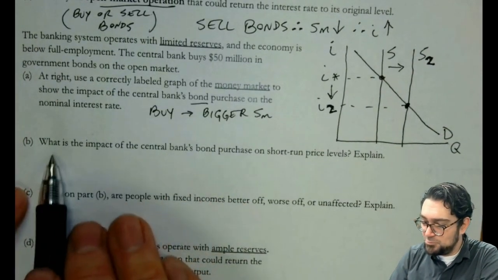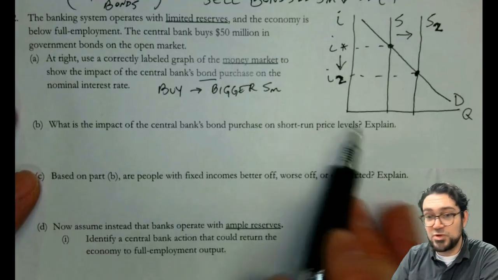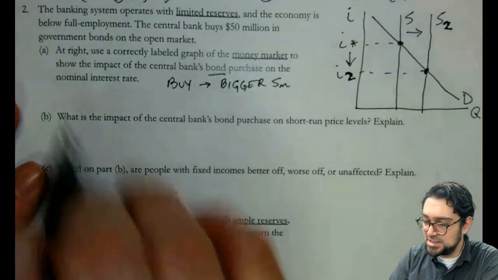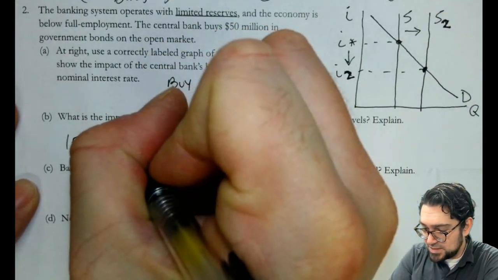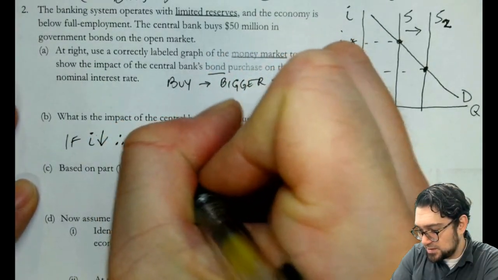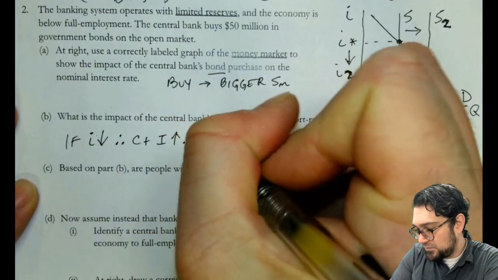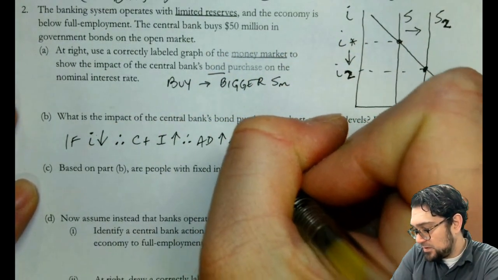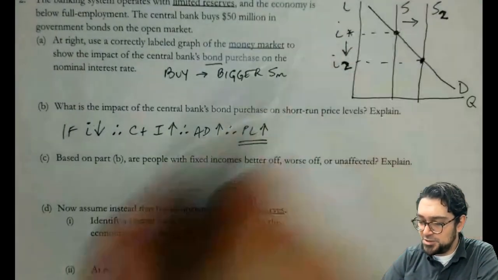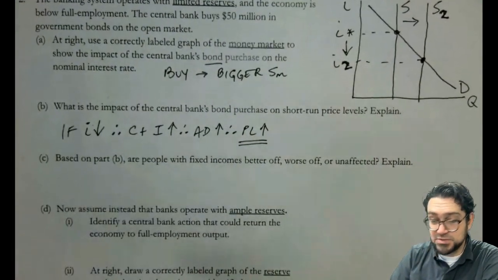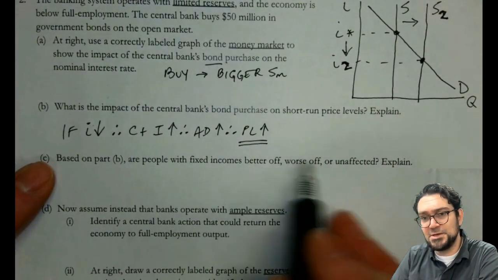All right, and what's the impact of the bond purchase on short-run price levels? Well, it's the same answer as we just did a moment ago. I should probably have changed that up. If interest rates go down, therefore consumption and investment go up, therefore aggregate demand goes up, therefore price levels go up. Based on your answer in B, which is price levels go up, are people with fixed incomes better off, worse off, or unaffected?